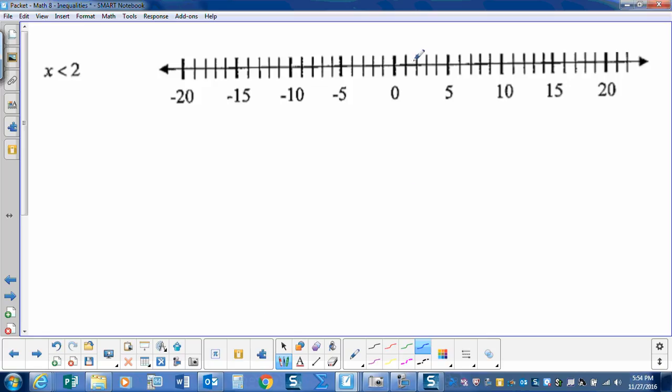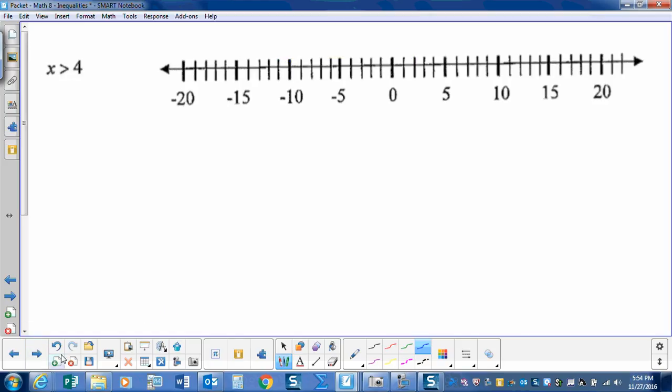So we start on 2, and we have an open dot pointing to the left. Go ahead and graph x is greater than 4. We start on 4 with an open dot pointing to the right.